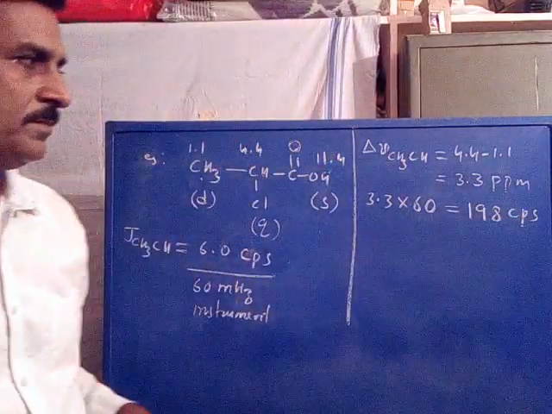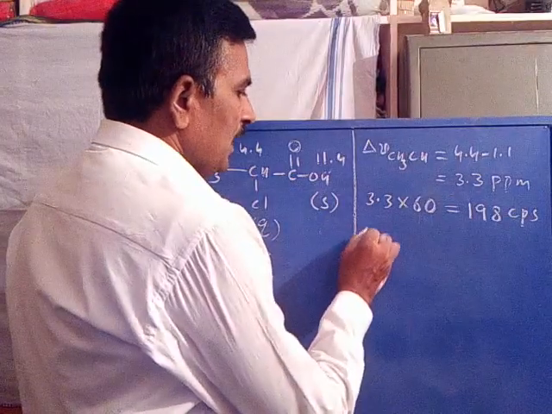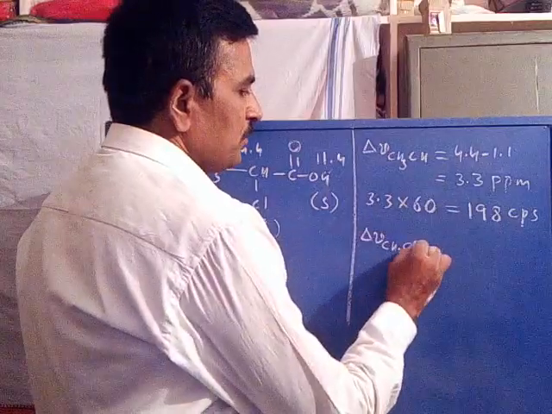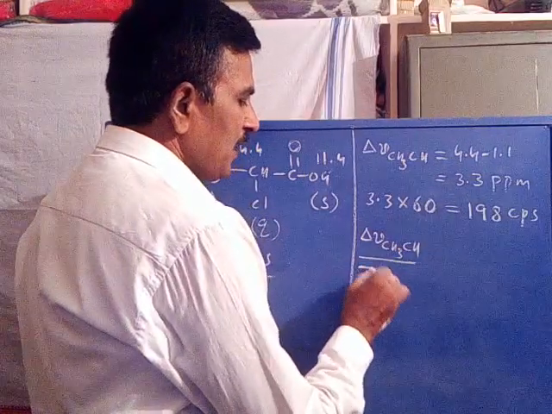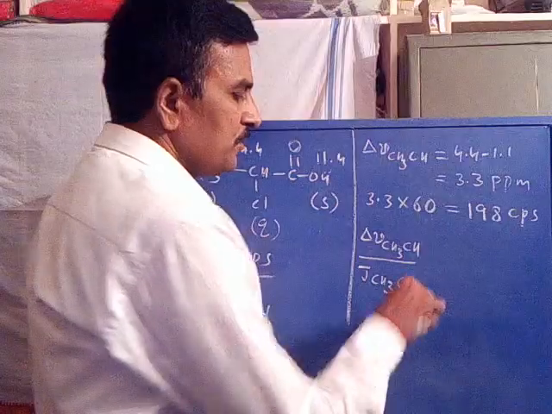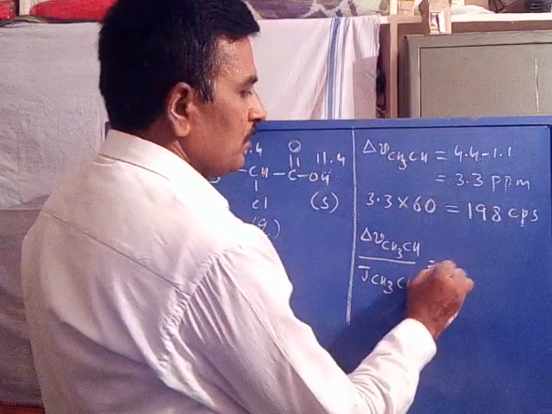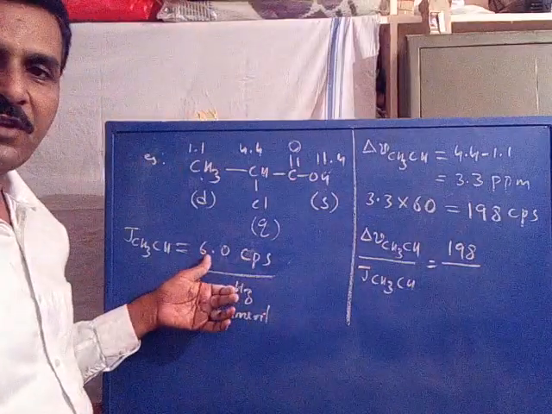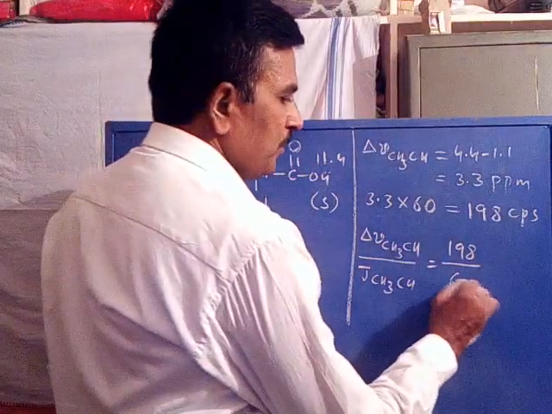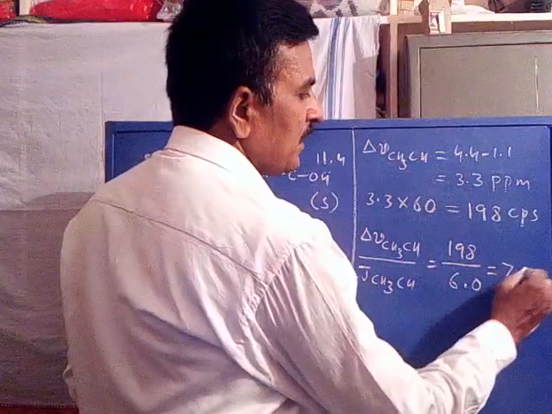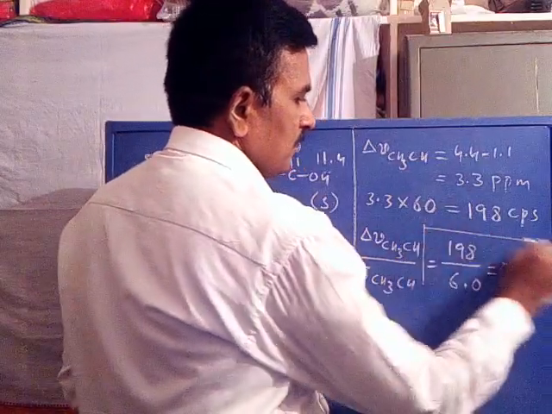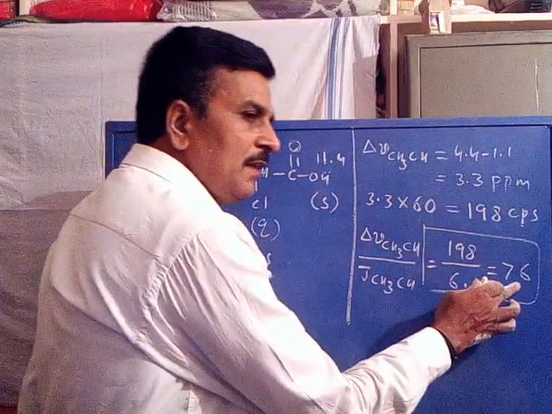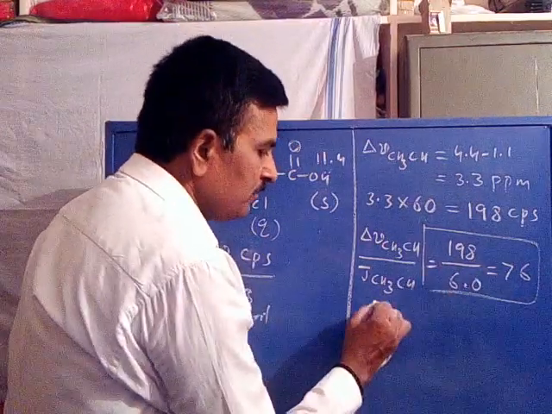Now delta nu for the CH3 and CH protons divided by the J value, 6.0, is greater than 6.